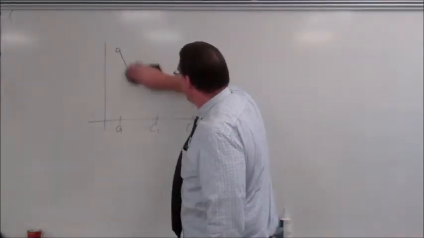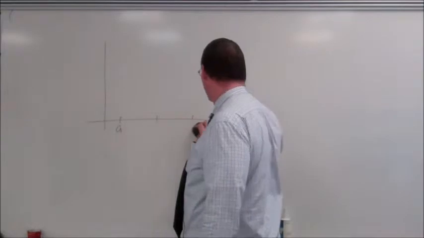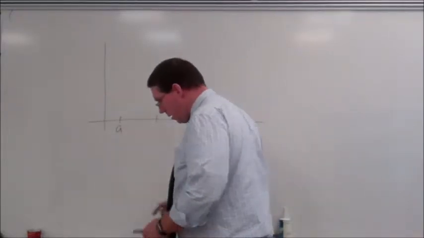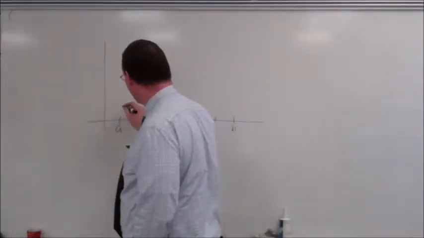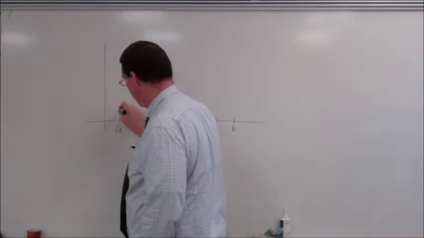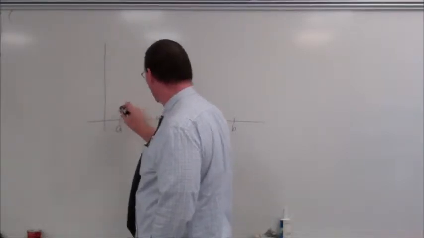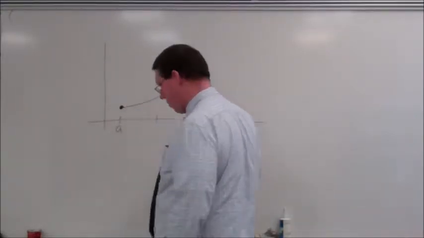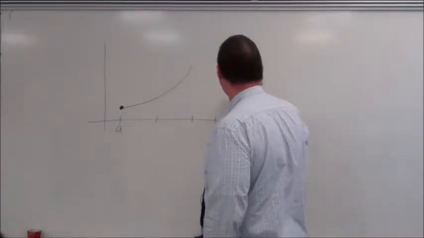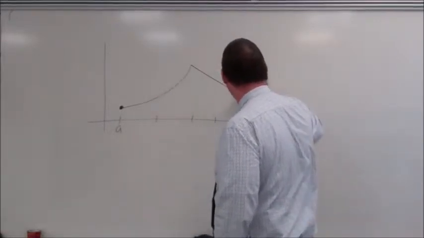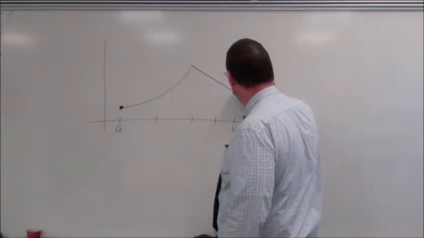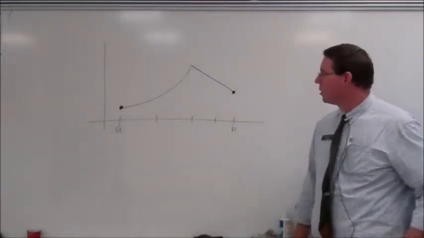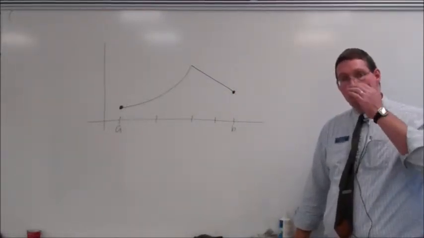All right, now let's look at the second graphical one. We had a closed circle here at A, down here, and then it curved up like this, and then it was kind of straight over to a closed circle at B. Now the question is, does the extreme value theorem apply?